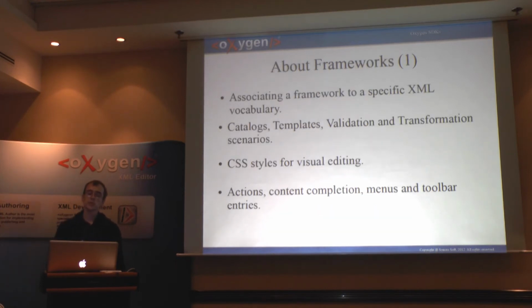Moving on to frameworks. Let's say you open a file in Oxygen, and initially Oxygen does not know what it is, so it starts looking at the file header and the root element, and it has to take the decision to load or not a specific framework for providing special editing actions for that XML file.